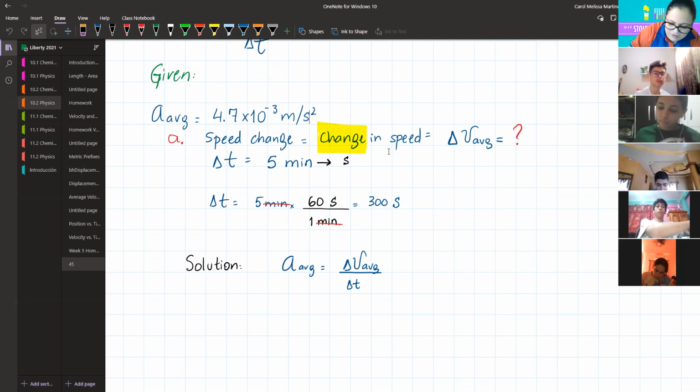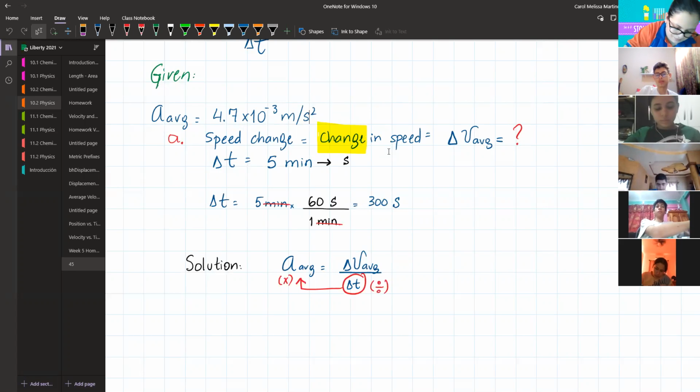What is delta v average? Take a look. If I want to isolate it, I need to take this away. This delta t is making a division, so when you move it to the other side of the equation, it does the opposite operation, which is multiplication.